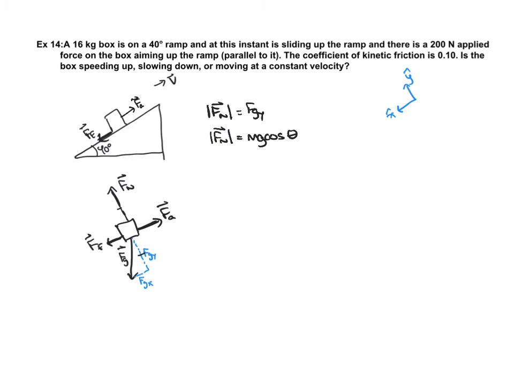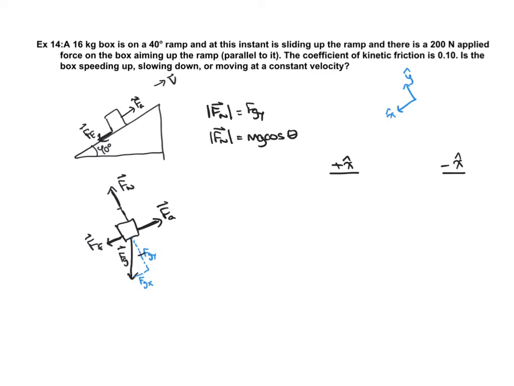Now the x direction, basically all I need to do is figure out which side wins. So if I split my work up into the positive x direction versus the negative x direction, and just see which one's bigger, then that'll do it for me.